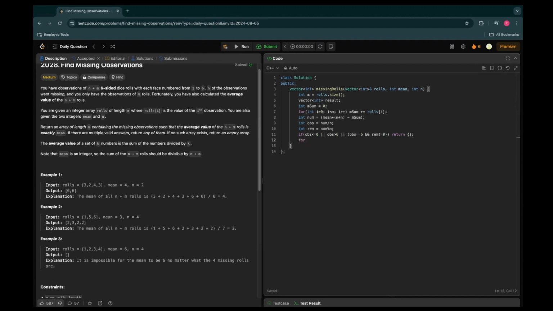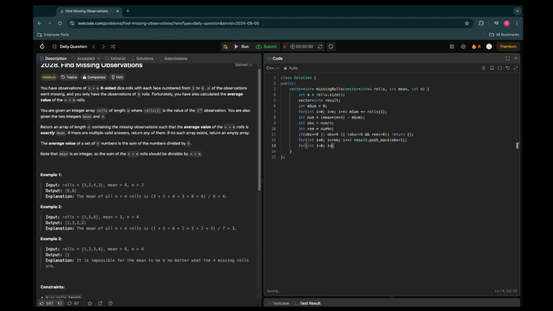Now if we have some remainder, what we need to do is increment the remainder digits by 1 and push that in our result vector: observation plus 1, and we will push the remaining digits as they are.